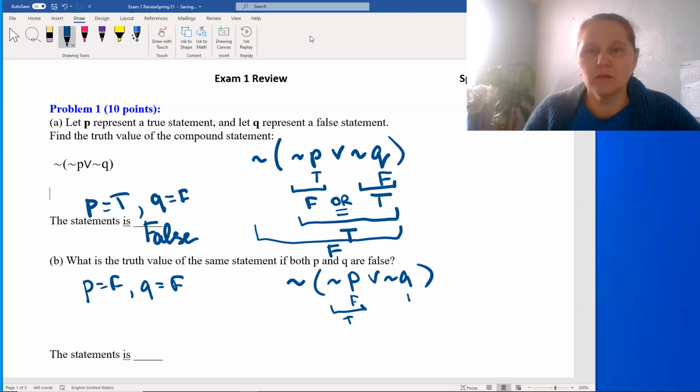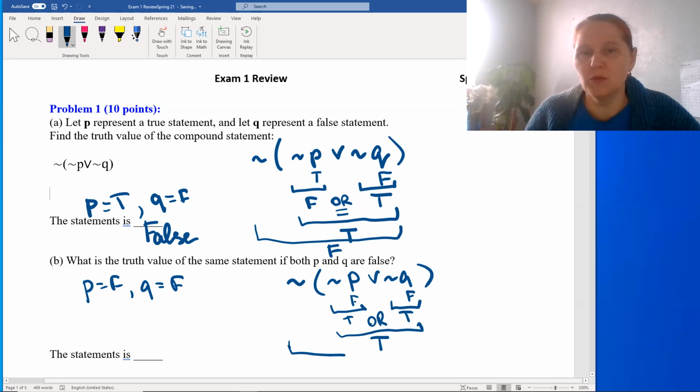Q is false, not Q is true. We have true or true. In the parentheses, we have also true. And then we have a negation. We negate this truth value and we get false. So in this case, when both are false, the answer is also false.